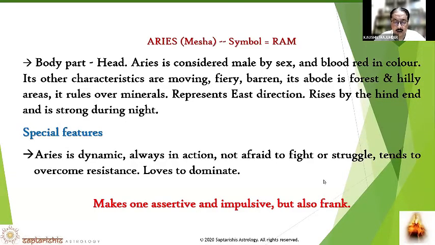At the bottom, for each sign, I have given one striking feature. Aries makes one assertive and impulsive, but also frank. Again, I am saying these features in an individual chart can excel, can be diminished, or may remain dormant or average, depending upon the placement of planets and houses.